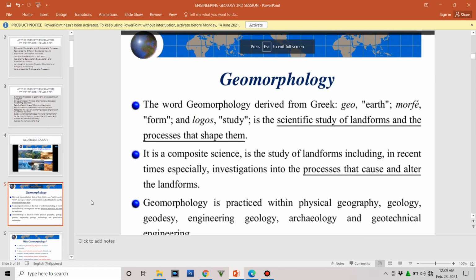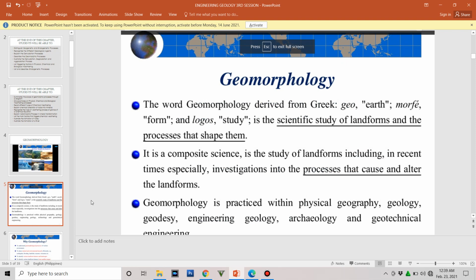So the word geomorphology is derived from the Greek. Geo means earth, morph means form, and logos, the study. And thus it is the scientific study of landforms and the processes that shape them. So it is also a composite science.